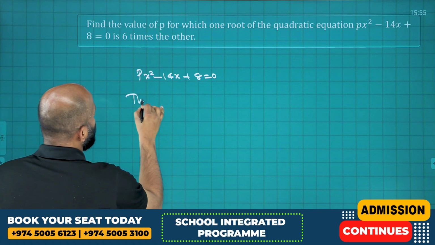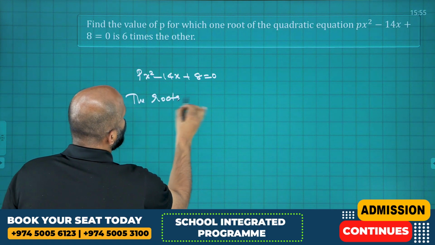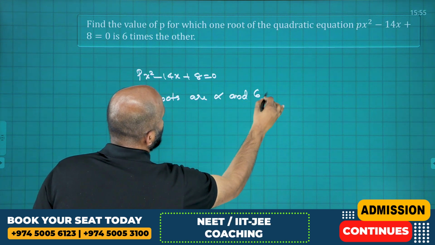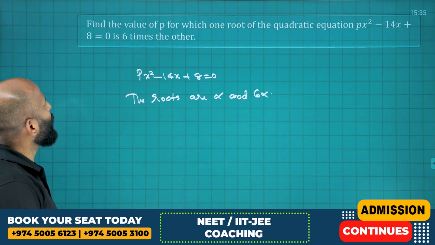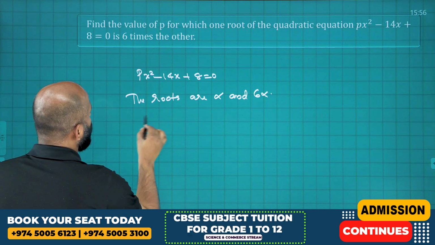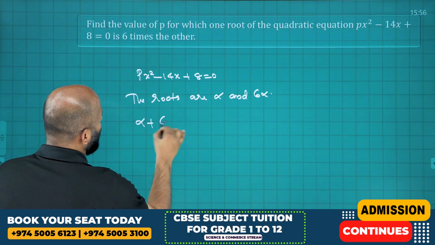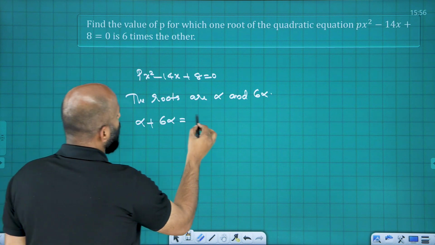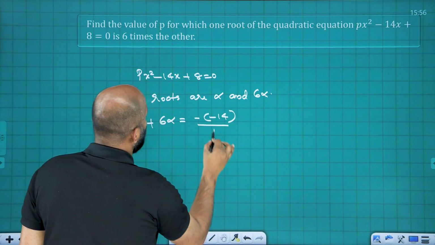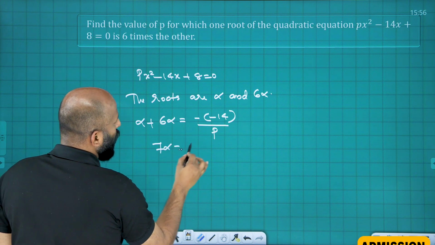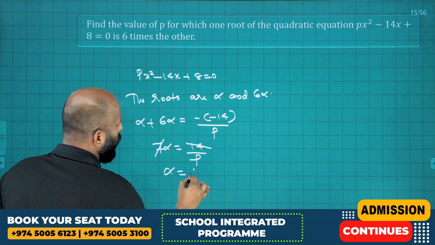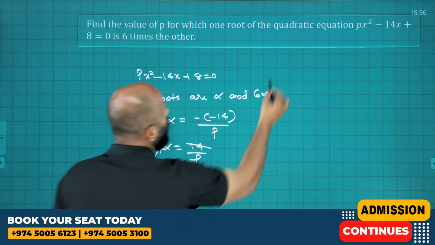Therefore, the roots are alpha and 6 alpha. Now, we can use the sum of the roots concept. So alpha plus 6 alpha, alpha plus beta is equal to minus b by a, minus of minus 14 divided by p. 7 alpha is equal to 14 by p. Getting cancelled, alpha is equal to 2 by p.